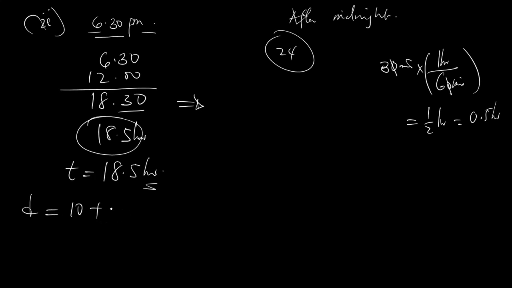Now that means the depth will be 10 plus 3 sine 30 times 18.5.